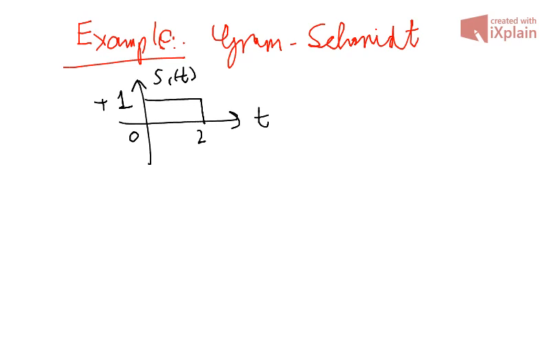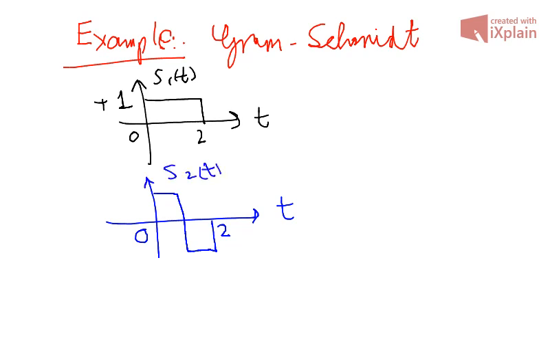Similarly, we choose another signal S2 of t, and we say that okay, our S2 of t is a signal which is like this, from 0 up to 2. This is my S2 of t, 0 up to 2, and it has a +1 and a -1 amplitude for half a period.